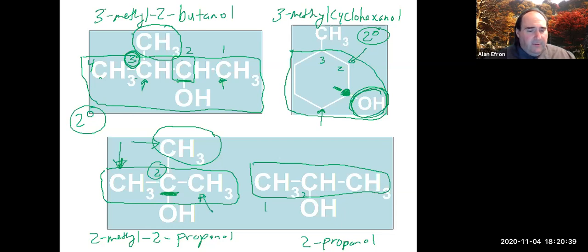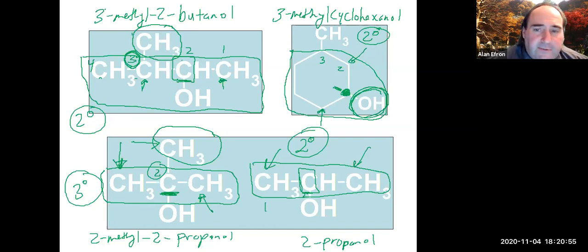So this would actually be a tertiary alcohol. And lastly here, this is the carbon attached to the OH group, attached to 1 carbon and 2 carbons. This would be your secondary alcohol. Any questions on any of those names or the classifications?